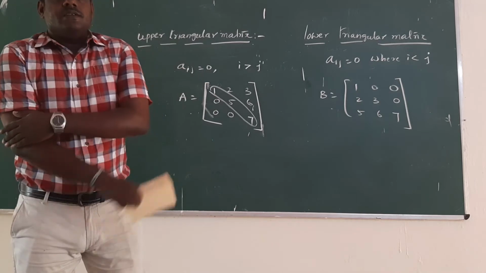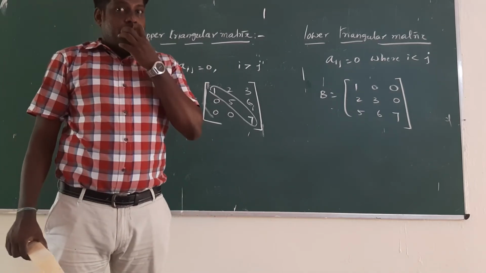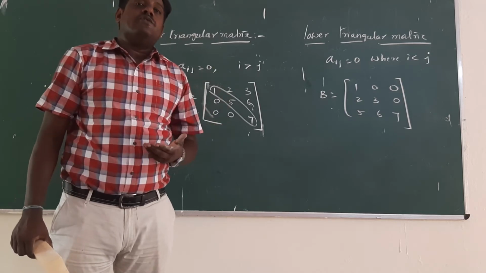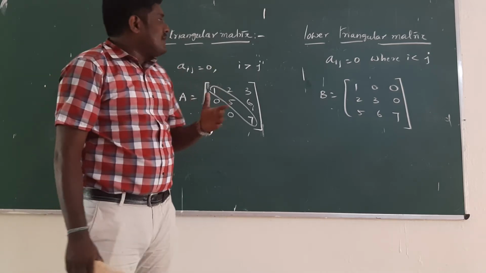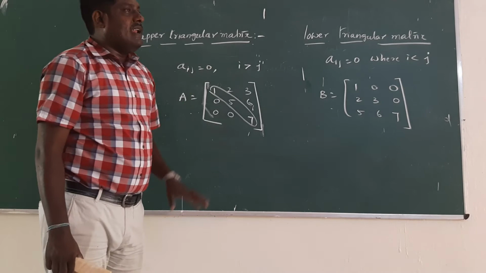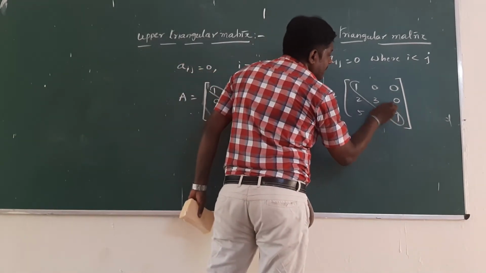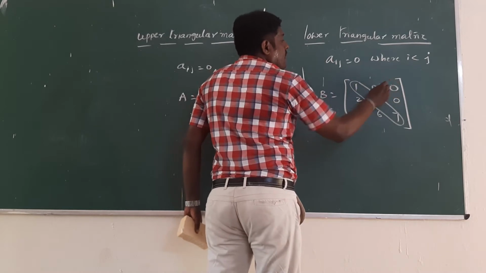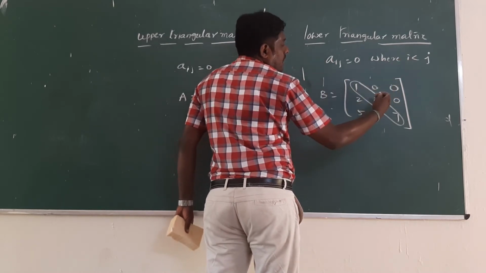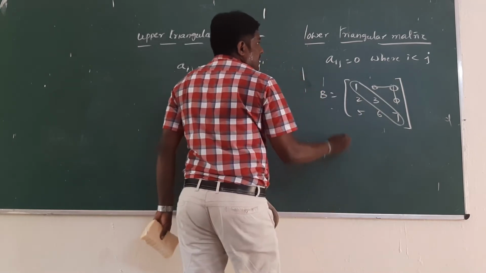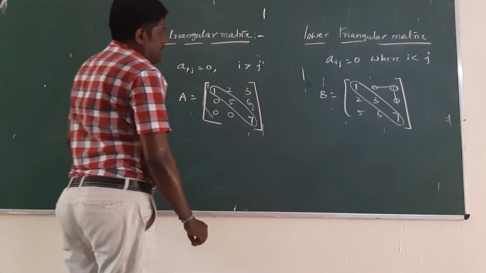The elements above the principal diagonal should be 0. Then the matrix is called a lower triangular matrix. See here, this is the principal diagonal. The elements above the principal diagonal are all 0. That's why it is called a lower triangular matrix.